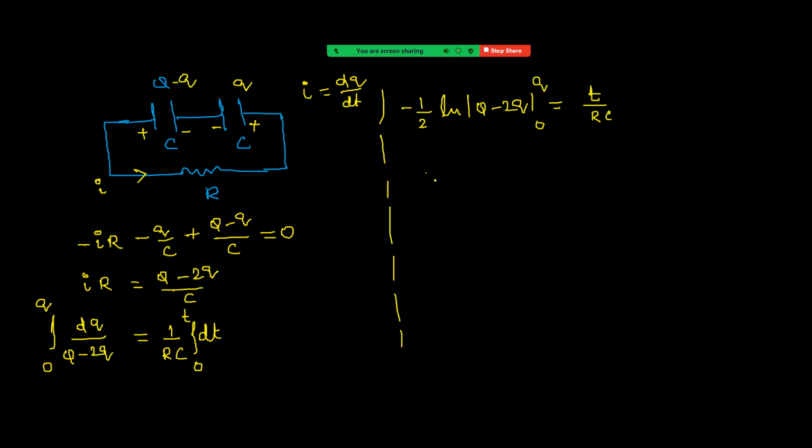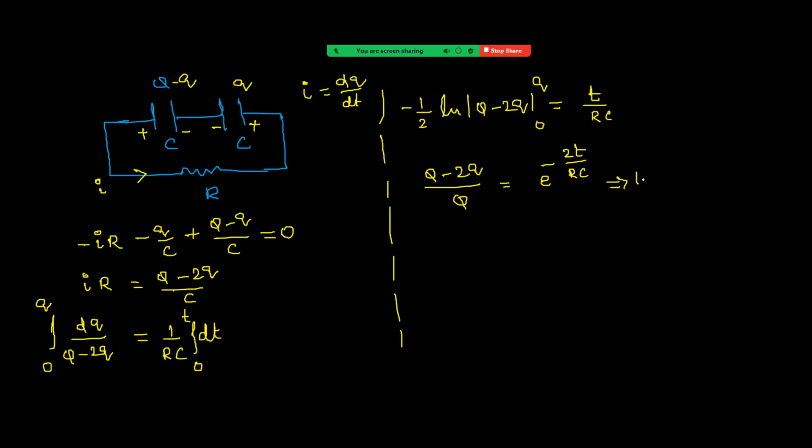See what we get: Q minus 2q upon Q, that is equal to e power minus 2t by RC, right?